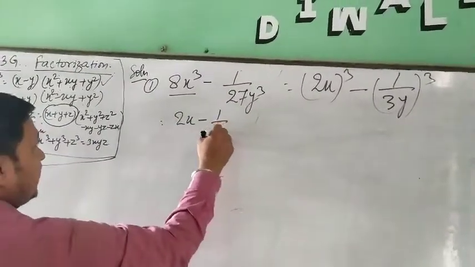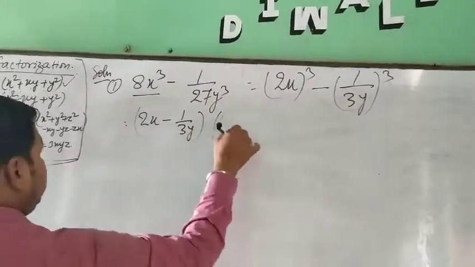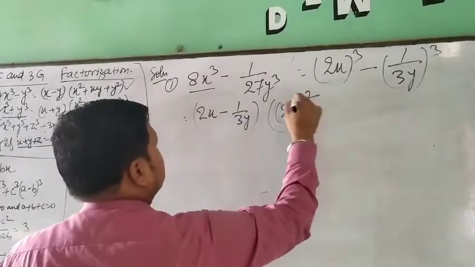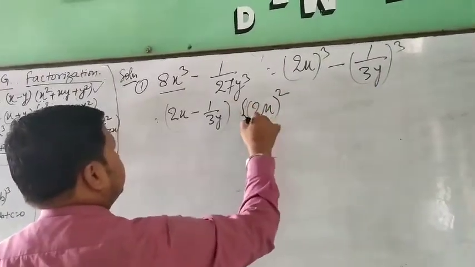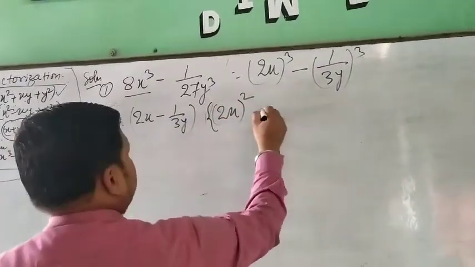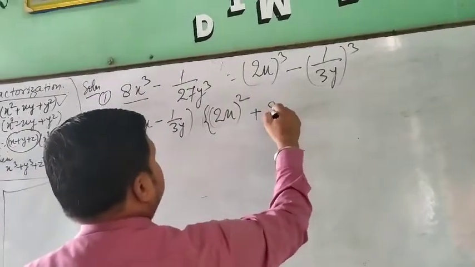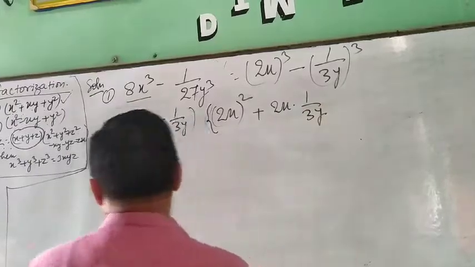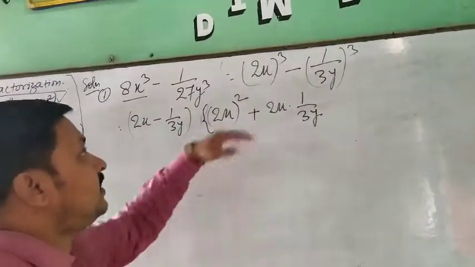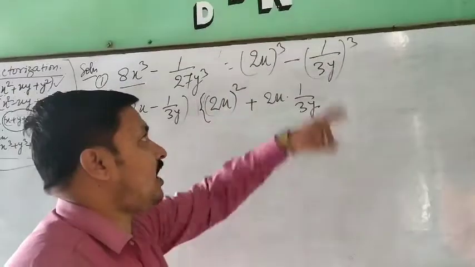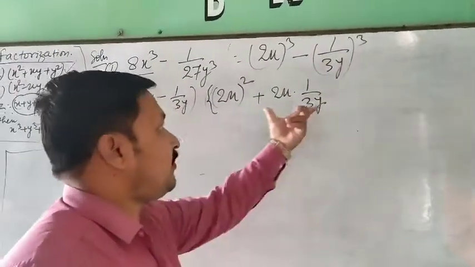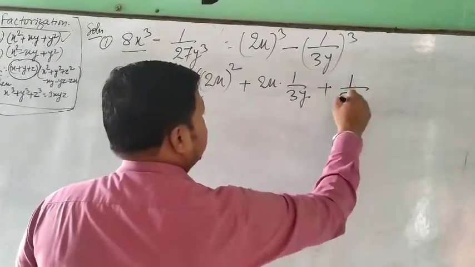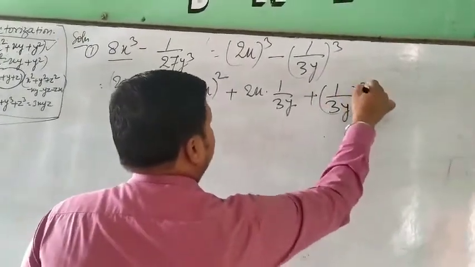So here (2x minus 1 by 3y) times x square, that means (2x) the whole square, plus xy, that means 2x and 1 by 3y, because in place of x here is 2x, and in place of y is 1 by 3y, so we multiply these two numbers, plus (1 by 3y) the whole square.